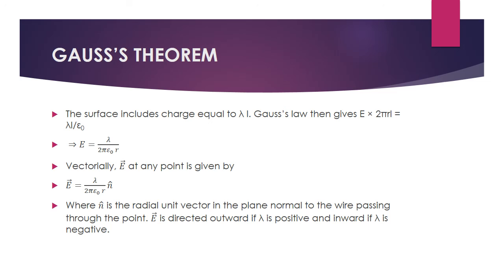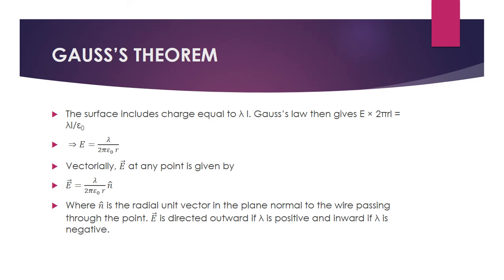Thus, E multiplied by 2 pi rL is equal to lambda L by epsilon 0. That implies the electric field E is equal to lambda by 2 pi epsilon 0 r. We can clearly see that the electric field is independent of the choice of length of the Gaussian surface.